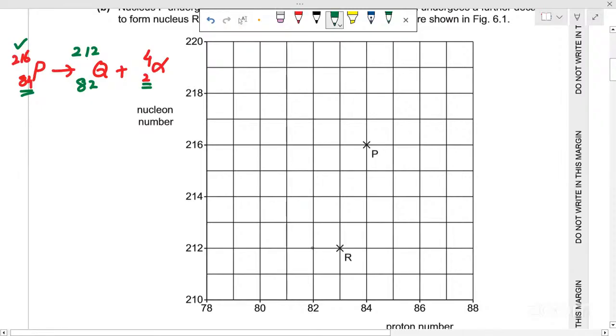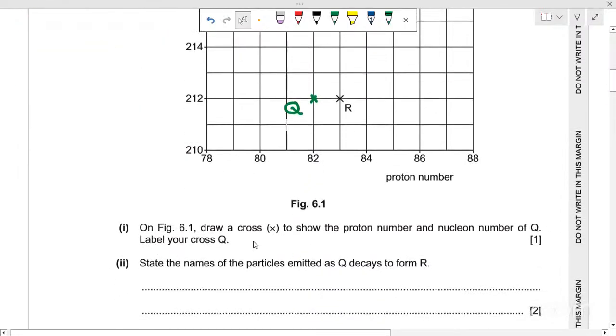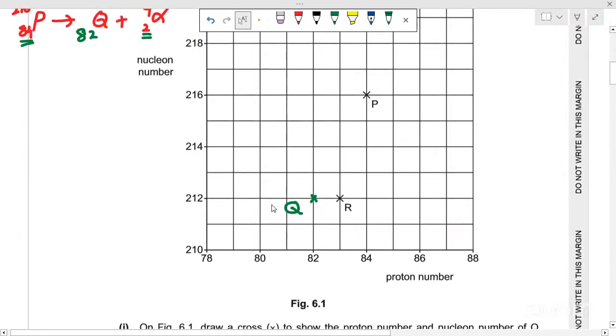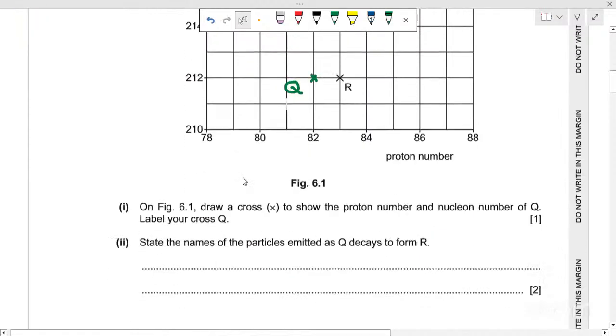So here you will mark with a cross and label it as Q. So in the figure, draw a cross to show the proton number and nucleon number of Q. Label your cross as Q. So we have labeled it as Q, and Q has these specifications.